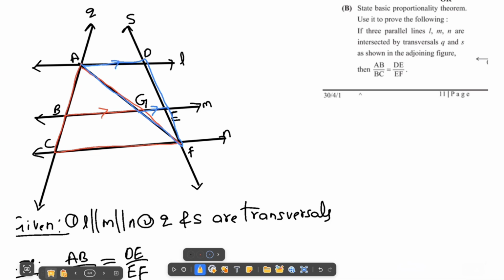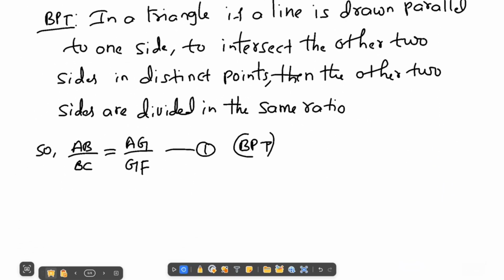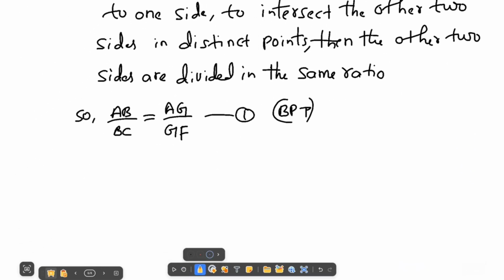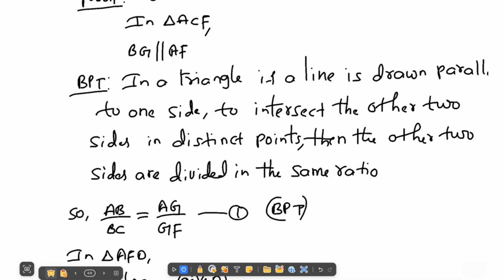Because L is parallel to M. So you can write like this. So in triangle AFD, GE is parallel to AD, because it is already given in the problem. So by basic proportional theorem, this GE divides other two sides in the same ratio.